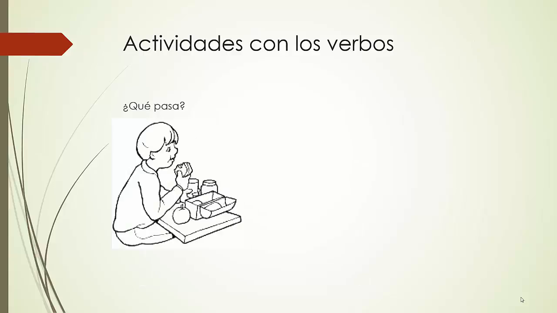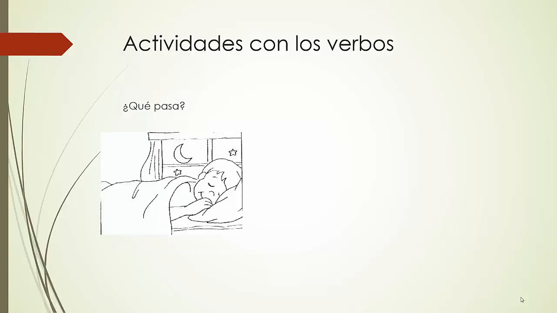Now let's look at some pictures. ¿Qué pasa? What's happening in the picture? Just give me the infinitive, the unconjugated verb. This kid's having lunch. ¿Qué pasa? Almorzar. Próximo. ¿Qué pasa? This kid's sleeping. Dormir.